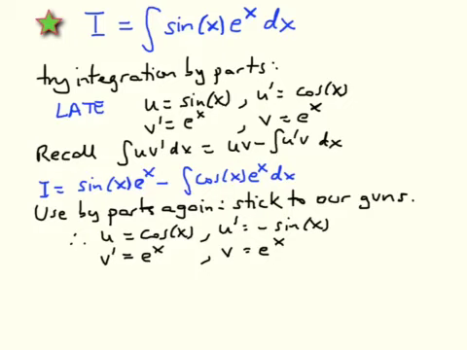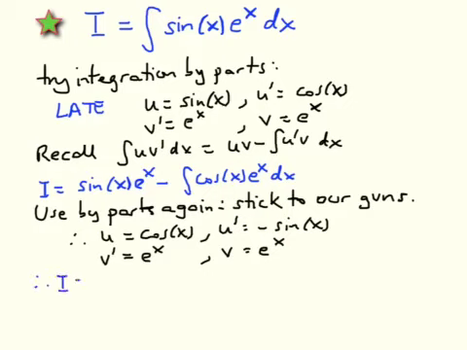And I think it's a nice exercise to check that if you were to swap these two around and differentiate this, and integrate this and differentiate this, that you would just get back to this is equal to itself.